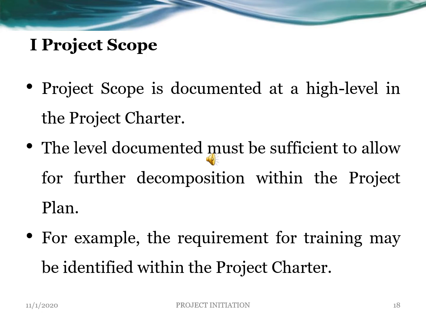It is documented at a high level in the project charter. The level documented must be sufficient to allow for further decomposition within the project plan. For example, the requirement for training may be identified within the project charter. The requirement for training normally is the training needs analysis.